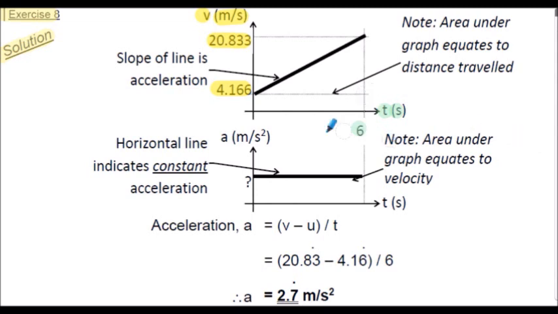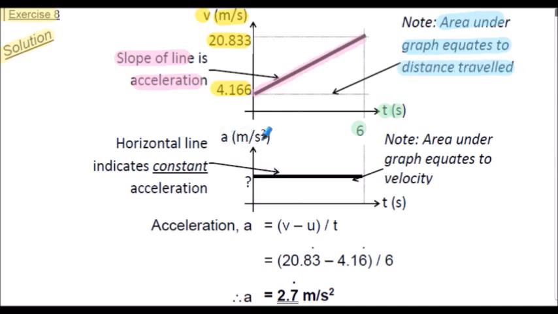Note, as we outlined previously, the slope or the gradient of the line on a velocity time diagram is the acceleration. So the steepness of the line here is actually acceleration, so in our increasing speed over the 6 second duration. And for reference, the area under the graph relates to displacement or distance travelled.